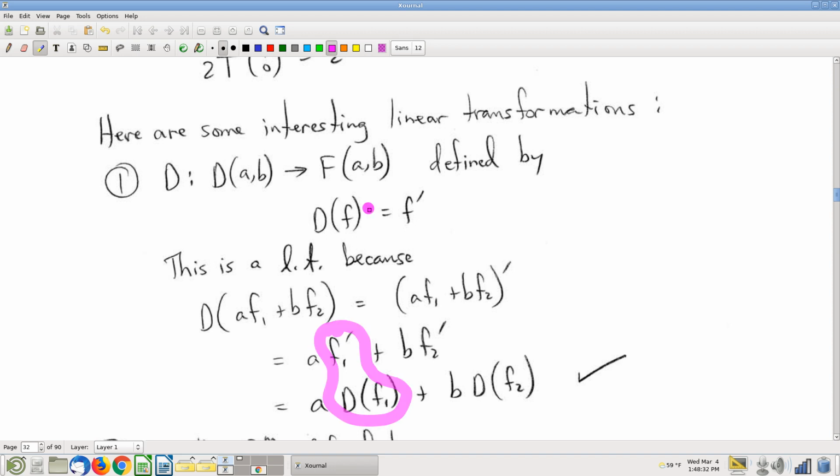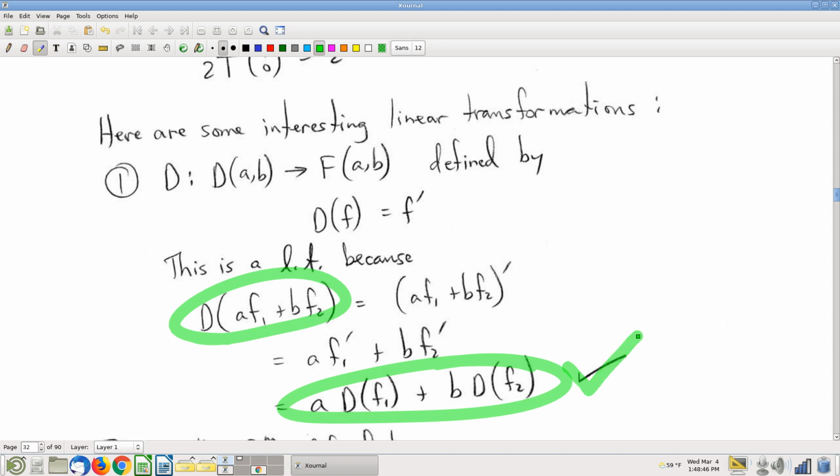That is exactly the definition of D of F1. And look here, that is exactly the definition of D of F2. And so as required, linear combination in, linear combination out, check. That is indeed a linear transformation. Everybody see the process? Any questions?